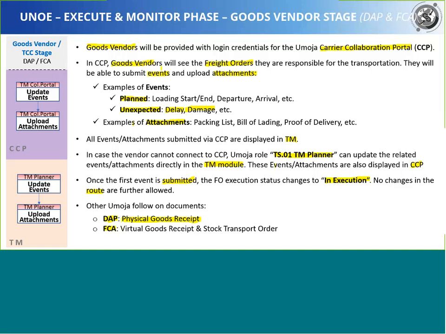But after the goods vendor stage has been completed, you need to do the virtual good receipt and then the stock transport order to move the items from the handover location up to the final destination. So the current Umoja documents to perform physical receipt, virtual receipt, and to move items from the handover location up to the final destination still remain.